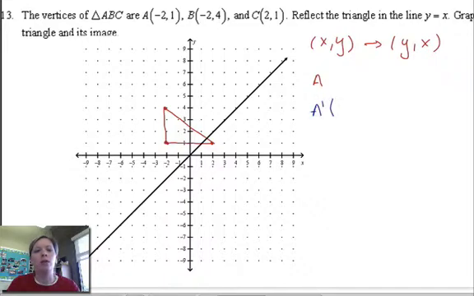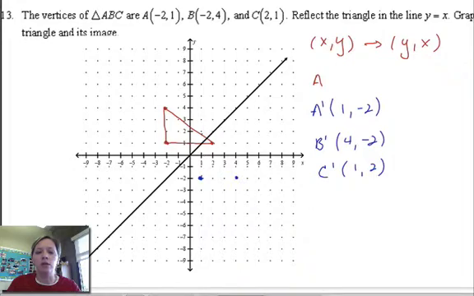A prime will be at (1, -2), so over 1 down 2. That'll be A prime. B prime will be at (4, -2). That's here. And then C prime, reverse those coordinates, will be at (1, 2). That's here. So graphing the image and its reflection could look like this. And there is a little bit of overlap because the original figure overlaps the reflection line.